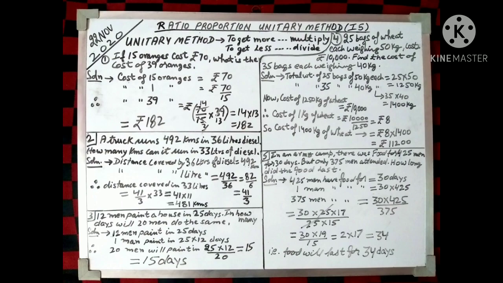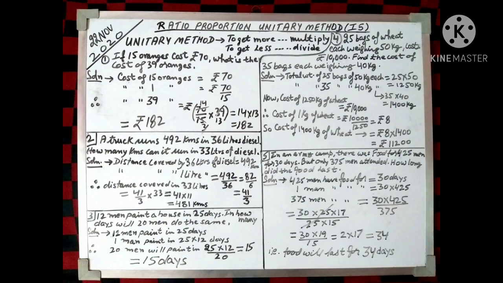So the distance covered by the truck in 1 liter of diesel will be 492 by 36, which can be further simplified and written as 82 by 6 or 41 by 3. Therefore, the distance covered in 33 liters of diesel will be 41 by 3 into 33, which will give us 451 kilometers. I hope you got the concept.